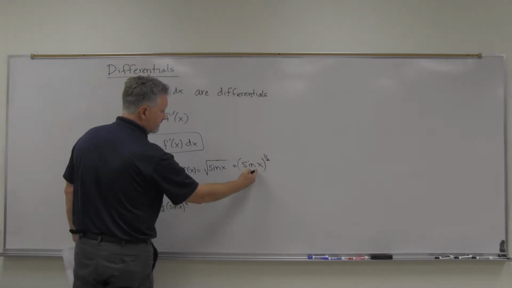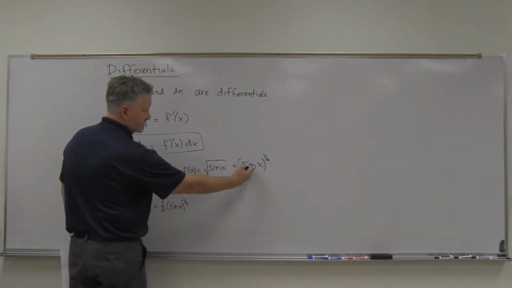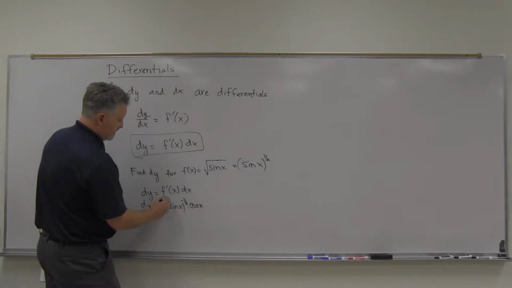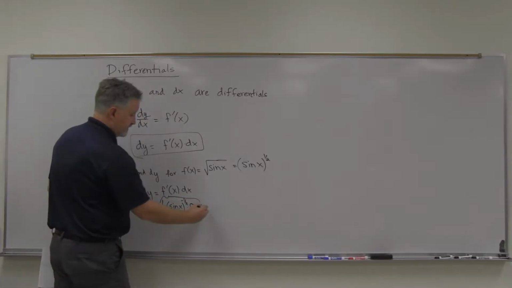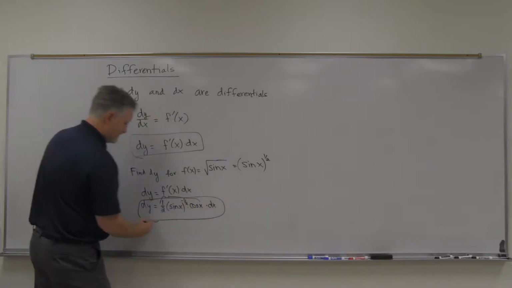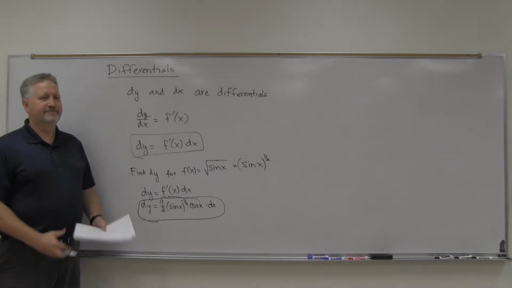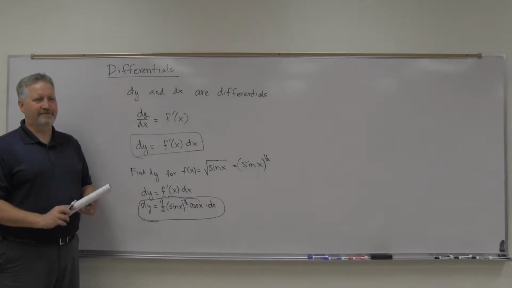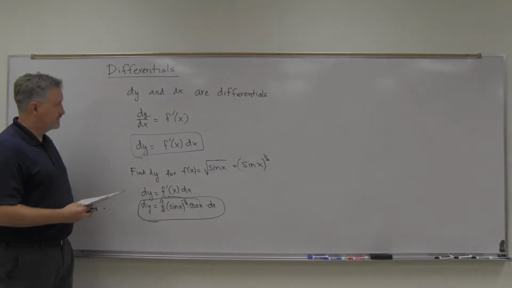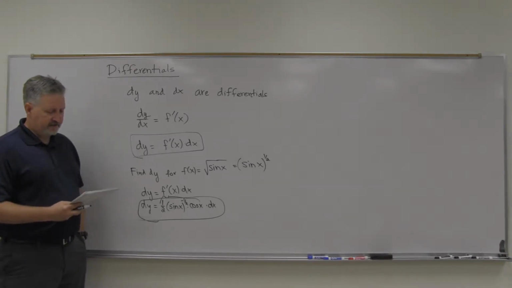Derivative of the outside, then the derivative of the inside, which is cosine of x. That's my derivative. Multiply that by dx, ta-da. Okay. So, just a little formula, but it's a fairly easy one to understand, I think.